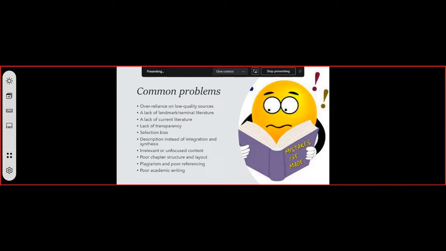Then a lack of current literature, and I think I've debated and related the point now to its maximum. Please look at the currency of your literature. Lack of transparency. When I start reading your literature review and I have to wonder about things, I have to wonder about what search engines you used. I have to wonder about the inclusion criteria.